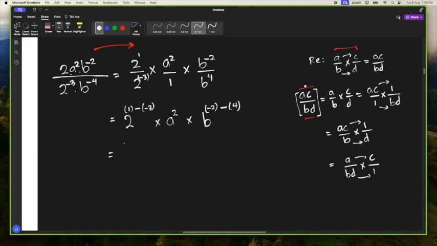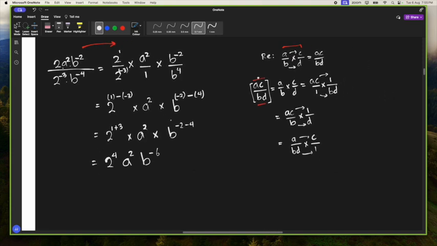So what do I have here now? I have 2 to the power of 1 minus minus 3, which is 1 plus 3, times a squared, times b to the power of negative 2 minus 4. So I'll have 2 to the power of 4 times a squared times b to the power of, if the signs are the same, you add them and you keep the sign.